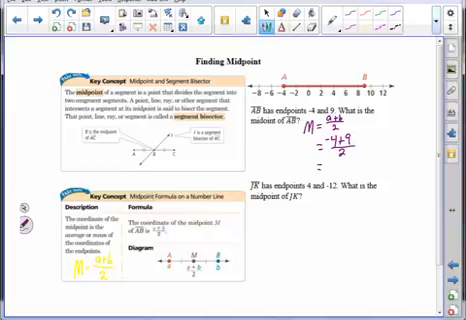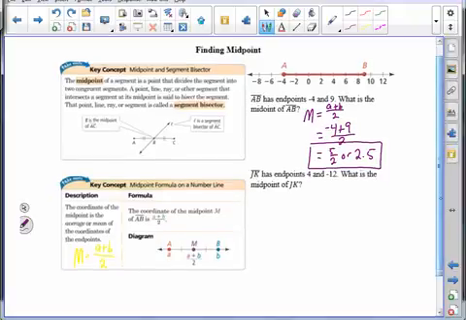Okay, so -4 plus 9 in the numerator of the fraction is going to give me 5/2, or you could write it as a decimal, 2.5, not 2.2. And I would be satisfied with either version of the answer, either the fraction or the decimal, since they are equivalent numbers to each other.